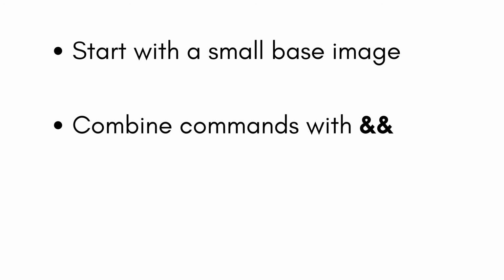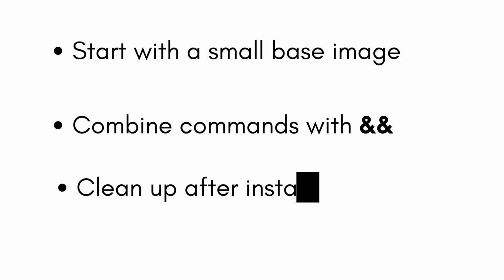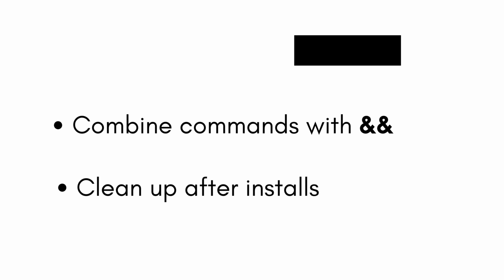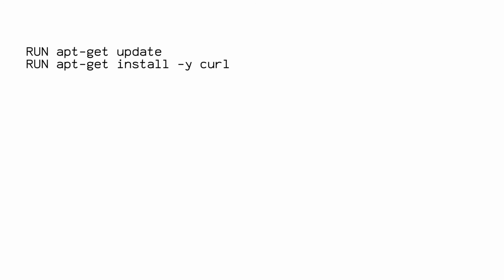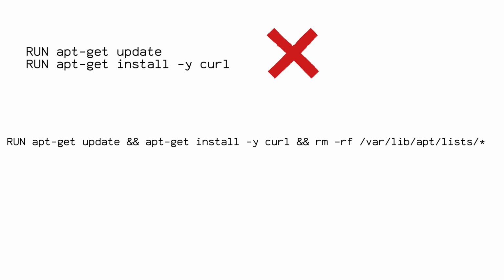Combine commands with && so you don't create unnecessary layers. Clean up after installs by removing cache files and temporary data. For example, instead of these 2 lines, you can use it in a single RUN command. Why does this matter? Smaller images mean faster builds, less storage, and faster deployments. And trust me, in production, every second counts.